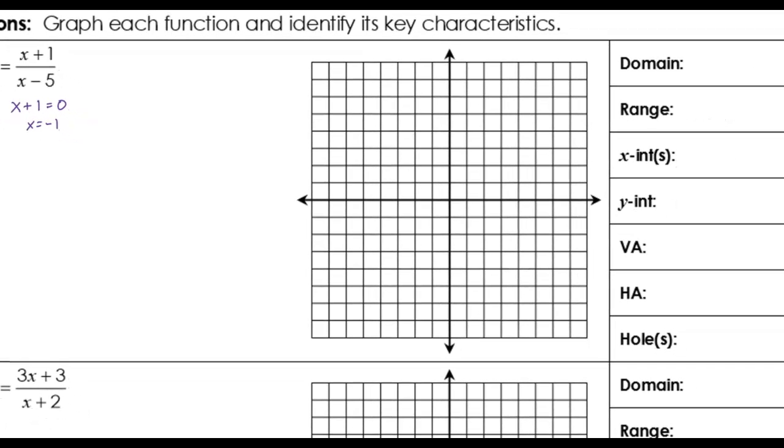X-intercept is points. So how should I write the x-intercept in my little table over here? What should I write down? Last class really struggled with this too, like super hard.